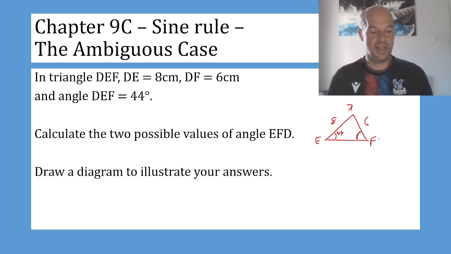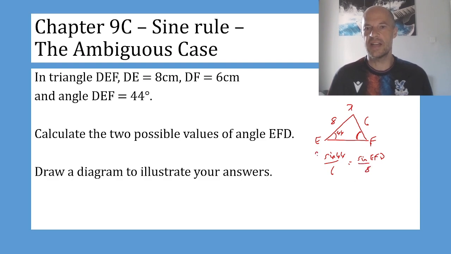I'm going to use the sine rule, so I can say that sine of 44 over the opposite side to that angle, which is 6, is the same as the sine of EFD over the opposite one to that angle, which is 8.